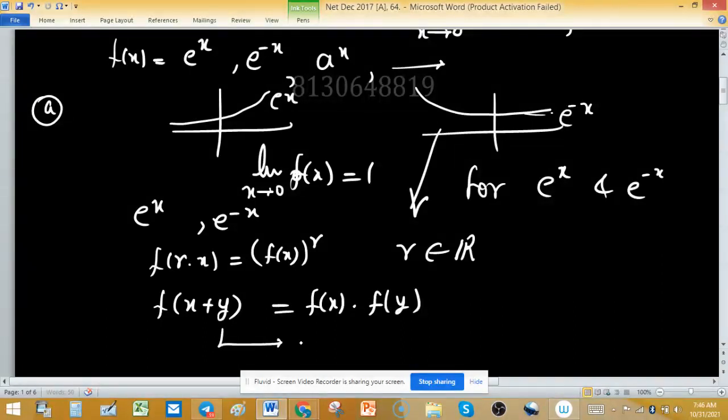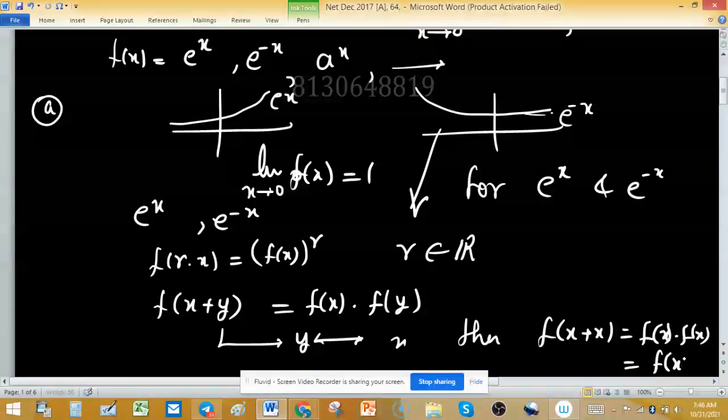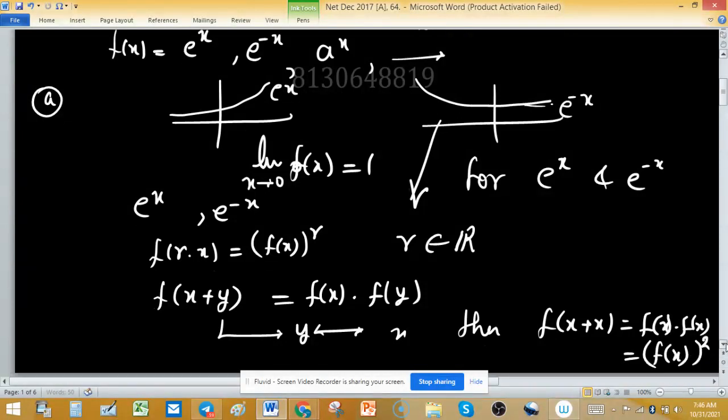If I replace y with x, then I can write f(x + x) as f(x) · f(x), and this can be written as f(x) squared.